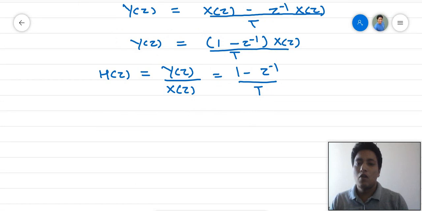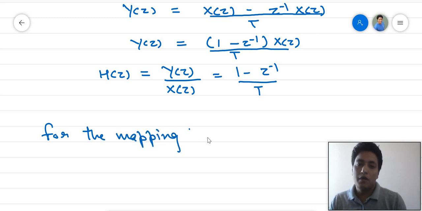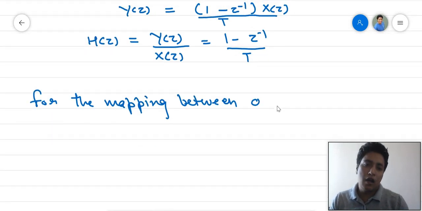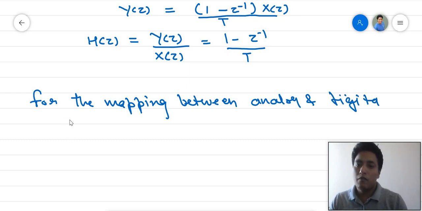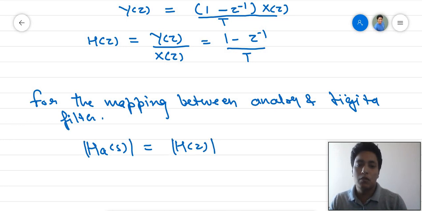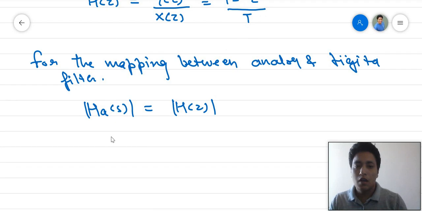Now, for the mapping between analog and digital filter, Ha(s) should equal H(z). That means s should be equal to 1 minus z inverse by T.